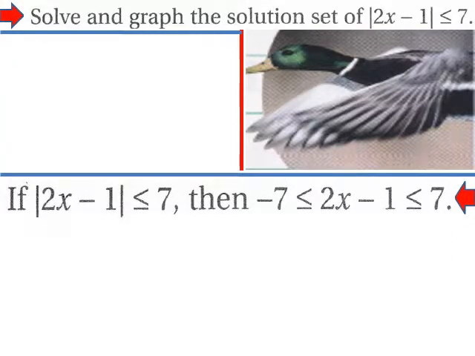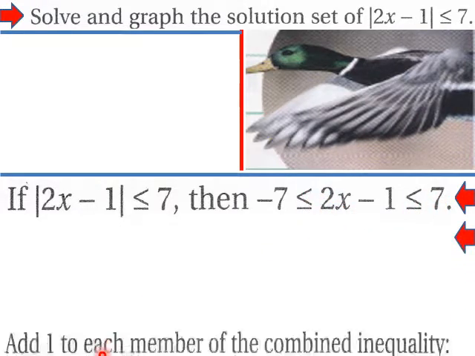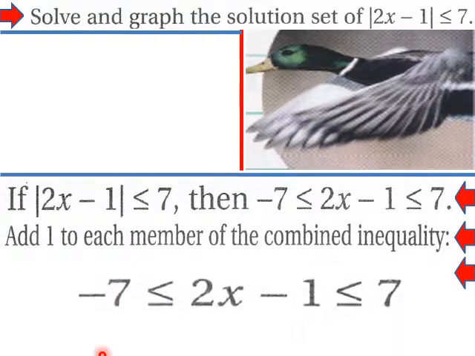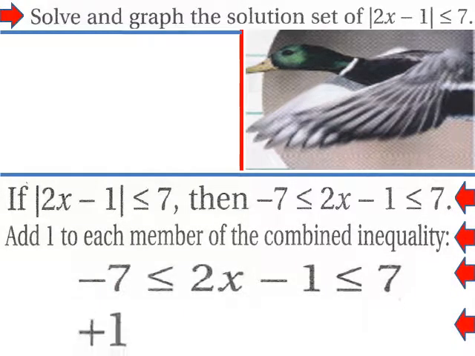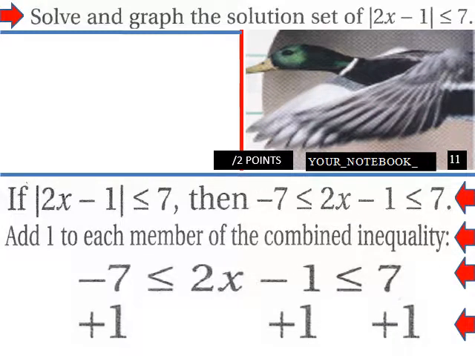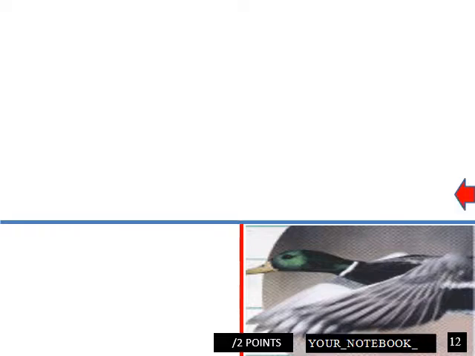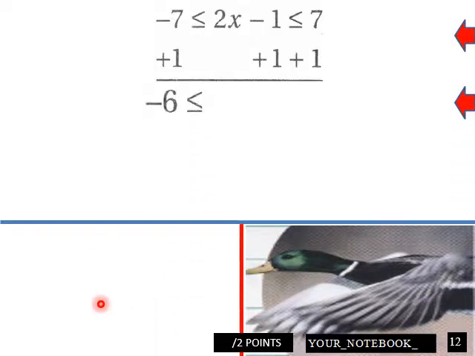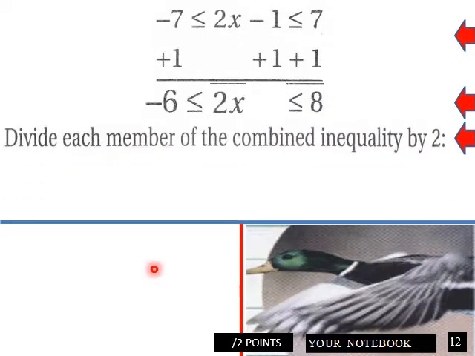Solve and graph the solution set of |2x minus 1| less than or equal to 7. We have negative 7 less than or equal to 2x minus 1, less than or equal to 7. Add 1 to each member of the combined inequality. When we add 1, we get negative 6 less than or equal to 2x, and 2x less than or equal to 8.